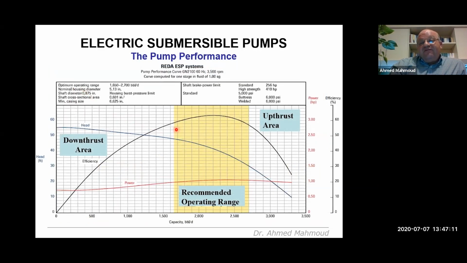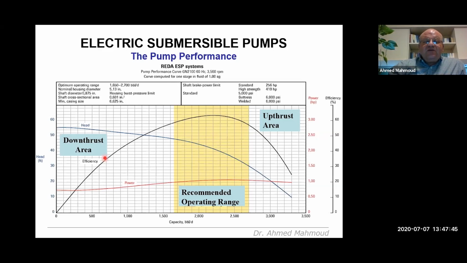Okay, if you look at the performance curve of any ESP, we're taking this as an example, you will see that the efficiency is pretty high. The efficiency of the ESP in this case is reaching up to 65%, which is very good. But there is a name to the game here. In order to get the 65% efficiency, you have to operate the ESP within its recommended range, because it's very sensitive.